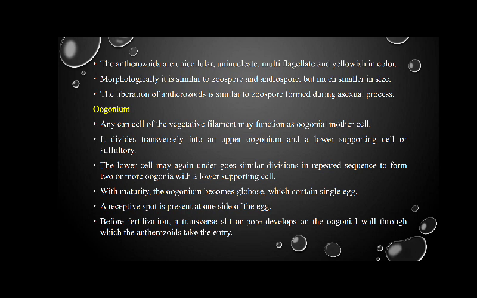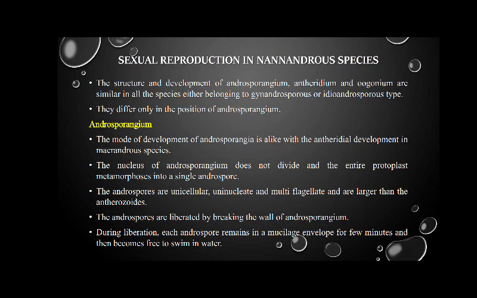Before fertilization, a transverse slit or pore develops on the oogonial wall, through which androzoids take entry. Okay, so Macrandrous species is very simple. Either both the androgonium and oogonium develop from the same filament, or both male and female filaments are present in dioecious species.